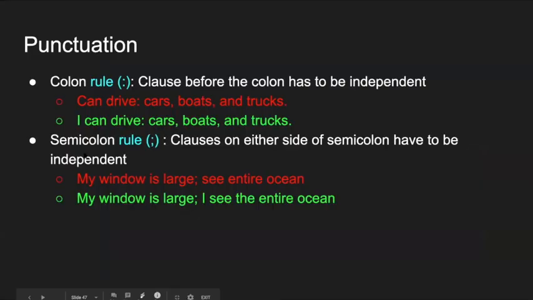Okay, my window is large, independent, see entire ocean, not independent. There's no subject here. We don't know who is seeing the entire ocean. So the rule is semicolon must have independent on both sides. To correct this, we do I see the entire ocean. I see the entire ocean is an independent clause. My window is large is also independent. Therefore, this is correct.